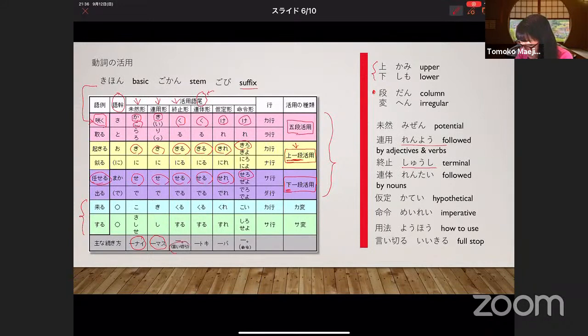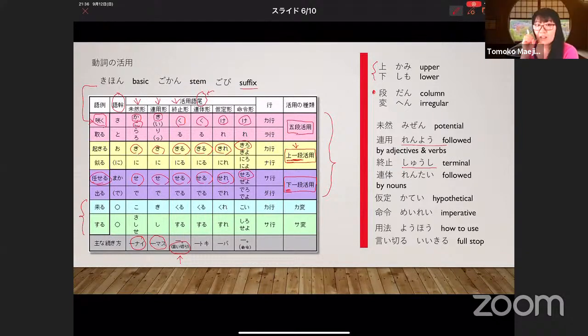Or ikiri. Remember? What does ikiri mean? Something to stop.